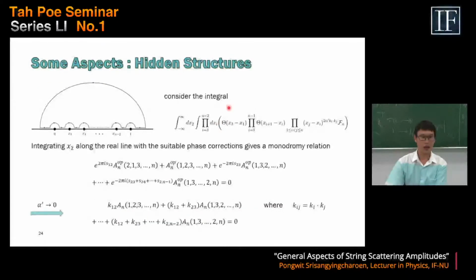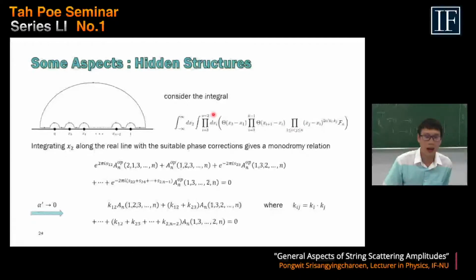This is how you prove the monodromy relation, by considering this kind of integral, which is very similar to the open string amplitude. Here there is the Koba-Nielsen factor and the correction of the external states here, but I apply a certain ordering to the x_i coordinates here.